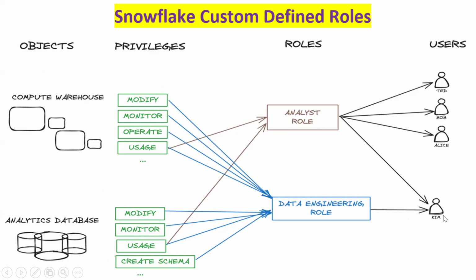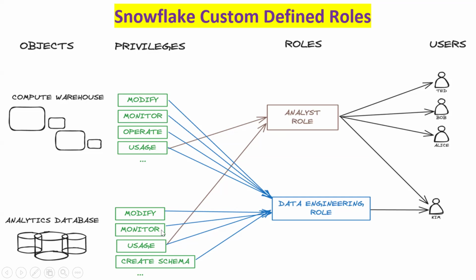So Kim is more powerful than these three because they are only analysts. They need only this warehouse to run the queries and to select the data from this database. So they do not need anything related to modify or monitor or operate on the warehouse.